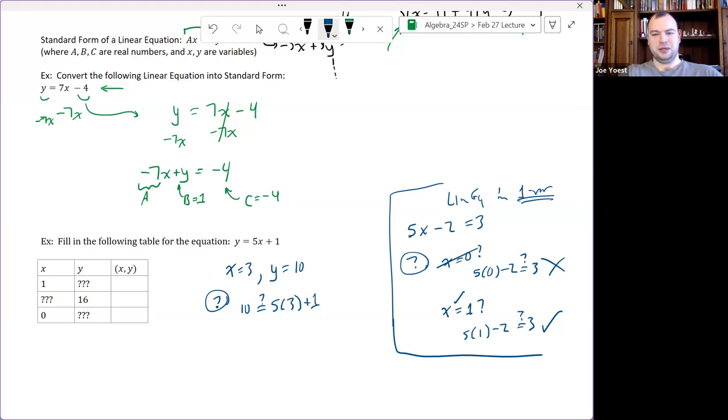Well, this gives me 16 equals 10. That's not true. This is not a solution. But does that mean that x is never allowed to be 3? What about if I used x equals 3, but maybe I use a different value for y?